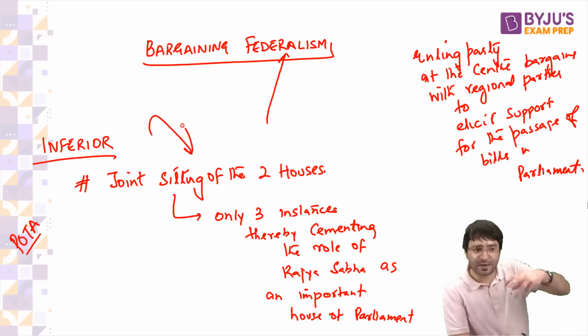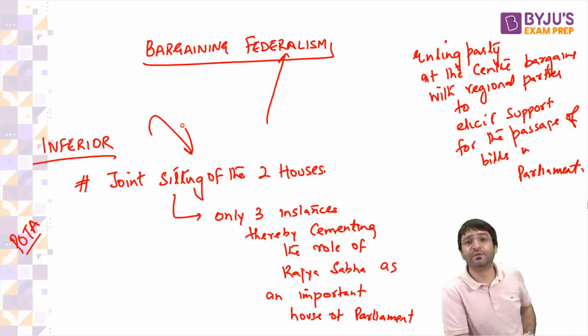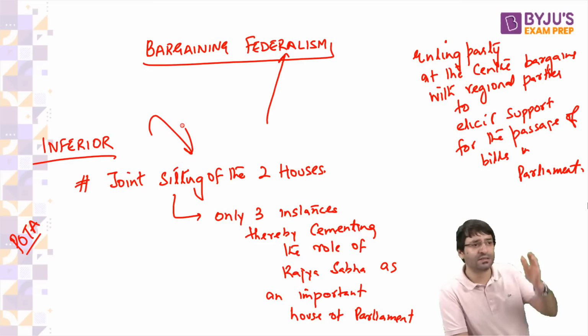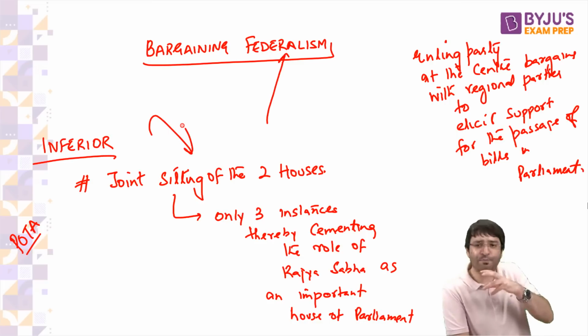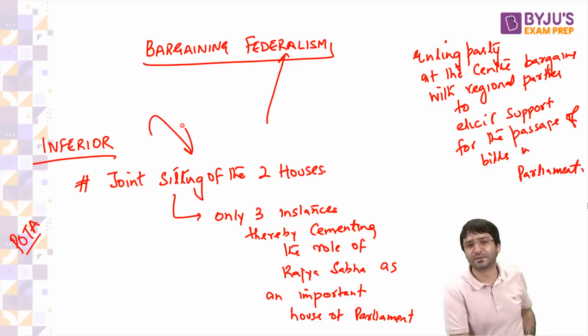Then this ruling party starts bargaining with the regional political parties. Without the support of these regional political parties, the government of the day would not be able to carry on with its legislative agenda, or pass the kind of bills that they want to pass.